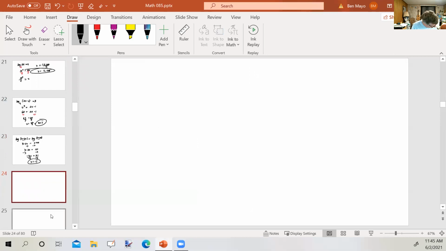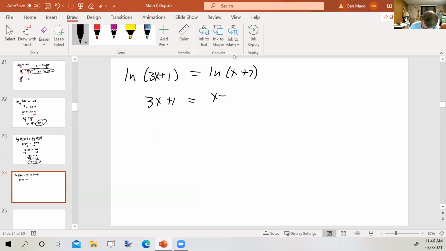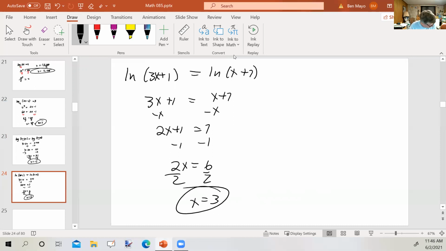Let's see, we have the natural log of 3x plus 1 equals the natural log of x plus 7. So then 3x plus 1 equals x plus 7, because we're taking log base e of both sides. Subtract x. 2x plus 1 equals 7. Subtract 1. 2x equals 6. Divide by 2. X equals 3.